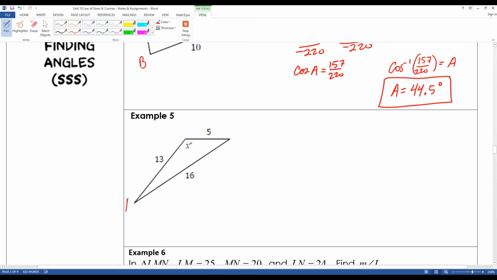Let's see. I'll label this like I did on the key: A, B, and C. Finding this angle, let's use the B one since that's how I labeled it.